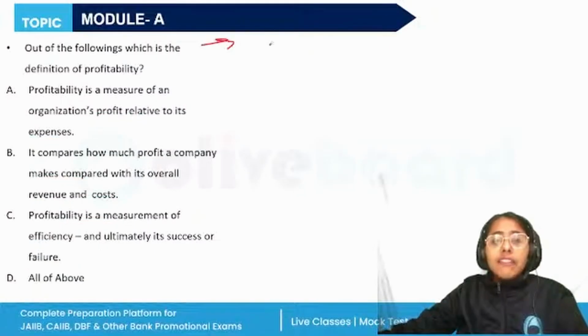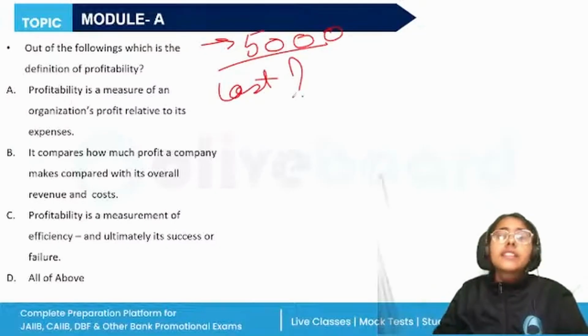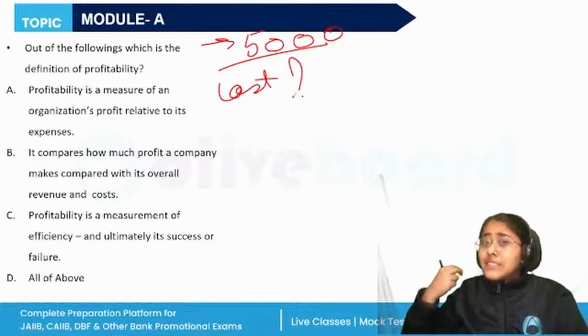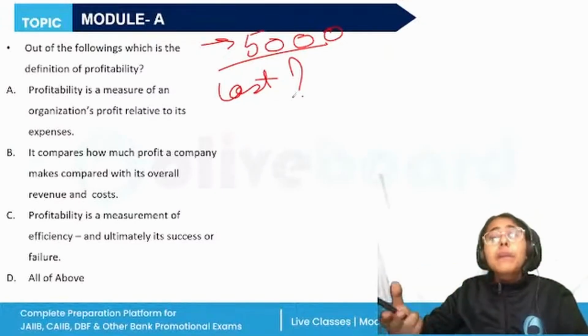It says that if I am making this profit of rupees 5,000, how much cost have I incurred to create this profit? If to make this 5,000 profit, I am paying a cost of, let's say, 7,000, it will not be profitable for my company.